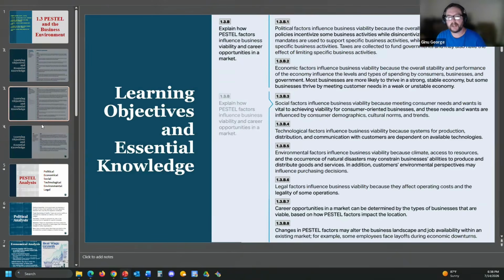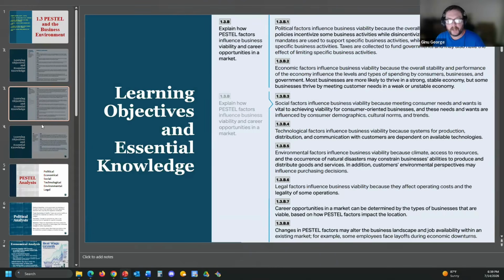So some more of these learning objectives, beyond political and economic factors: we're going to look at technology, environmental factors, legal factors, and how they shape our businesses or our potential for businesses. Particular regions have what are called PESTEL profiles, which determine what industries can thrive, and that dictates what jobs are available. So in addition to being business people or entrepreneurs, you are job creators.